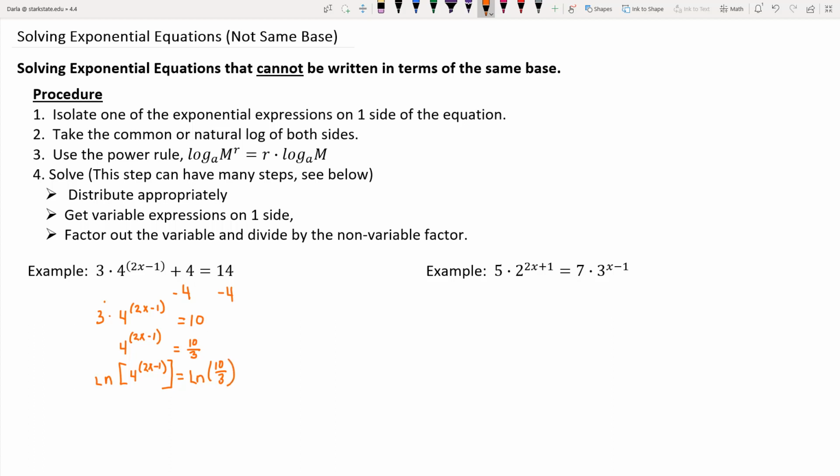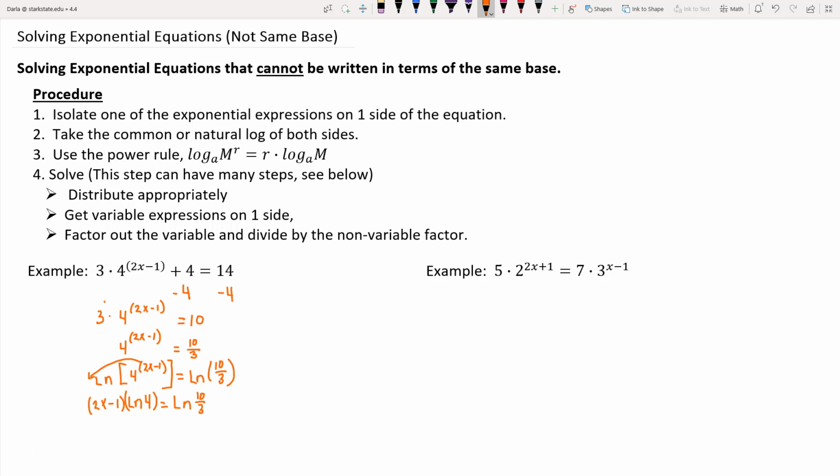From there I can use the power rule, which allows me to pull my power down out front as a multiplier. So I have 2x minus 1 times the natural log of 4 equals the natural log of 10/3.